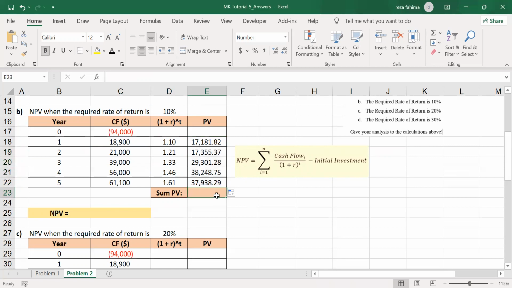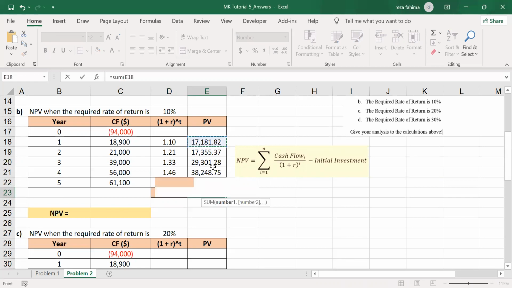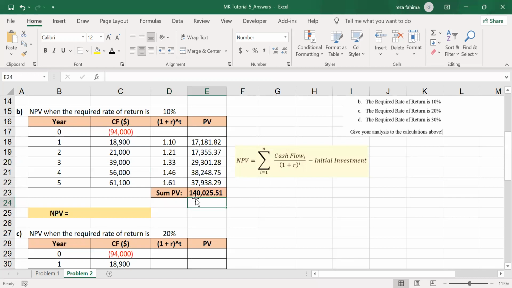And we have to sum the present values, since the NPV is the sum of the present values. So we sum all the present values that we have calculated. And then we get $140,025.51 as the present value of cash flows.